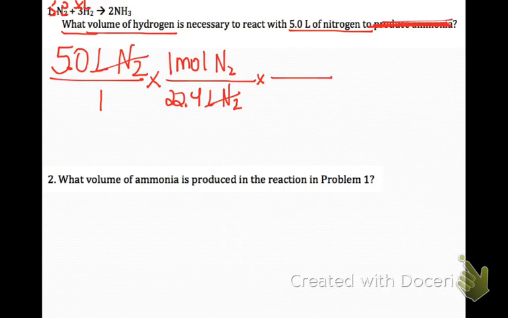H2. So I know, based upon my coefficient in my chemical equation, that there's 3 moles of H2 for every 1 mole, because there's an imaginary 1 there, of N2. So I can get rid of moles of N2. Now I need to remember where I'm going next. So I want volume of hydrogen. So now I'm going to go down.